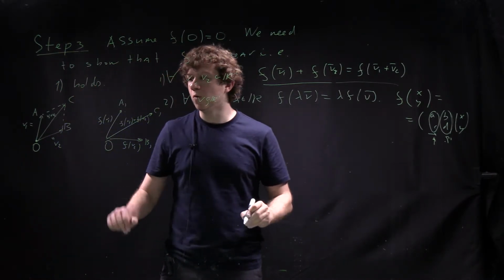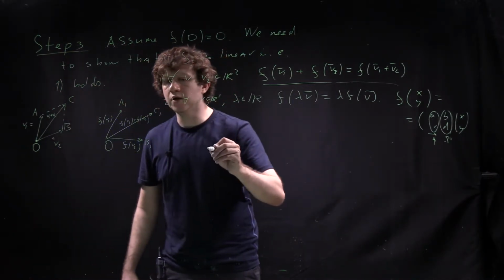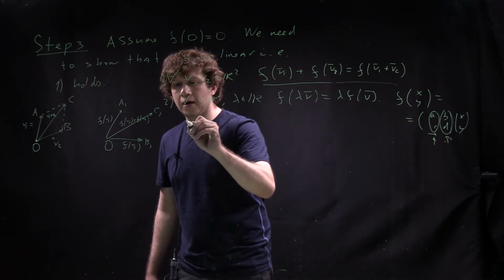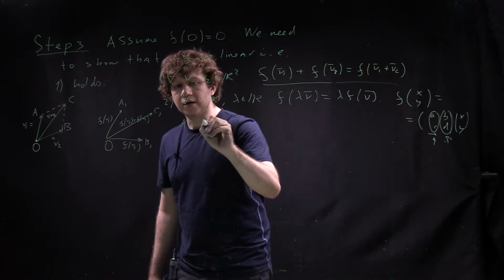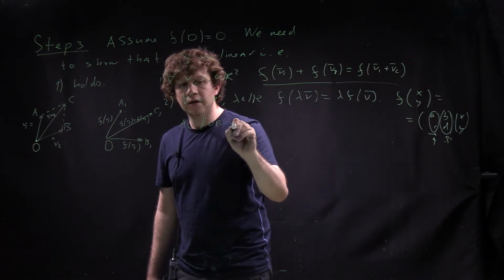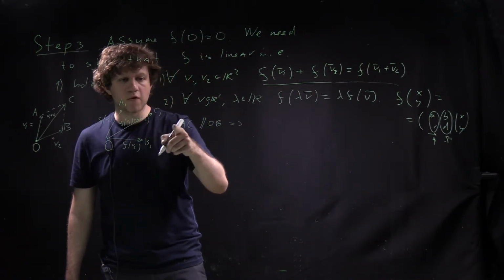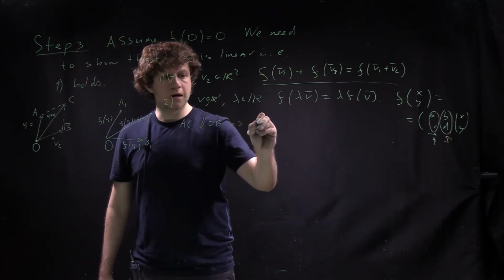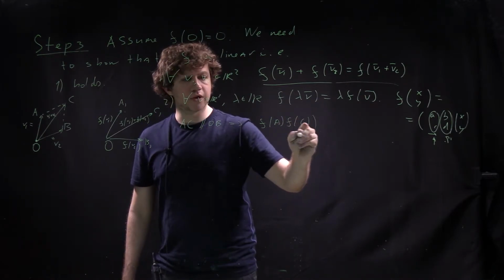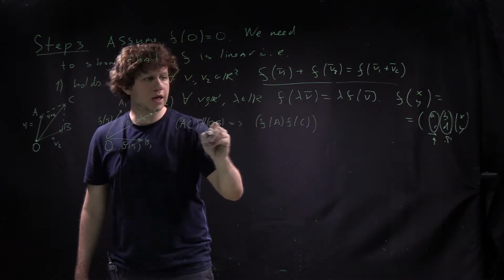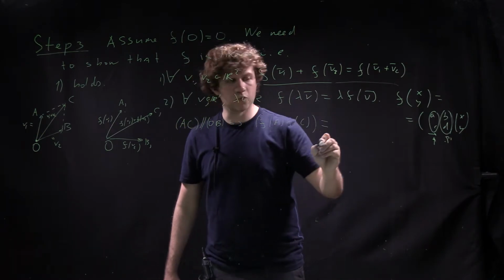But then we know that line AC is parallel to OB, and then the line f of A, f of C is parallel to line OB.